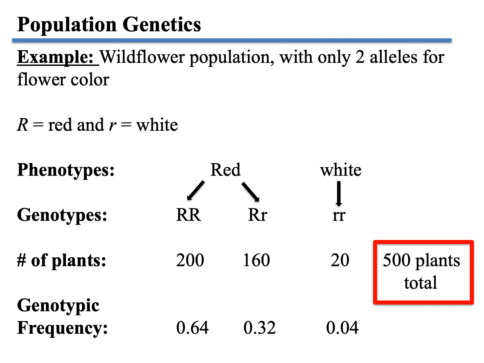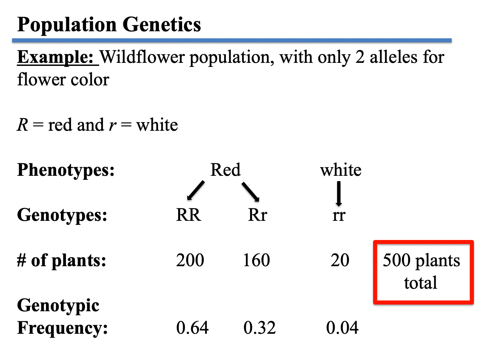Based off of the formula in the previous slide, we can very easily calculate the genotypic frequency. If we know the number of individuals with a given genotype, and we know the total number of individuals in the population, it's a simple division problem to calculate the genotypic frequency.